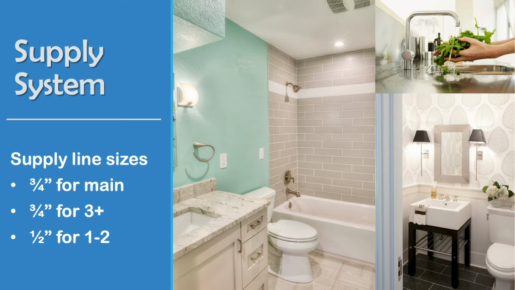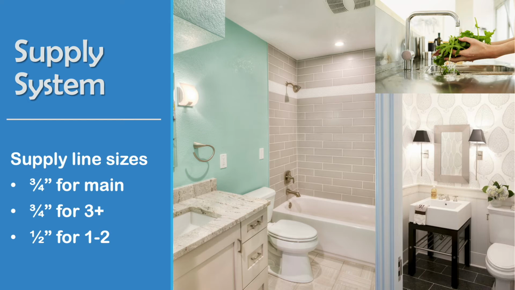This information is in your reading too, but I want to reiterate the supply sizes for water. Again, this is water supply to your fixtures, your faucets, hose bibs. The main line that comes in from the well or the city is going to be a 3/4 inch, and we're going to use that 3/4 inch if we have 3 or more fixtures that are going to be served from that line.